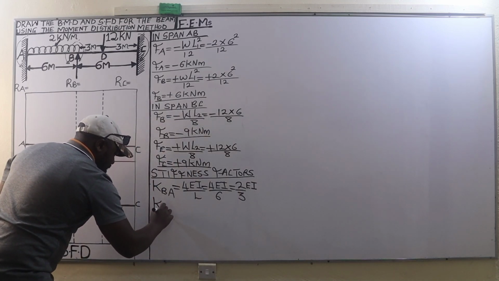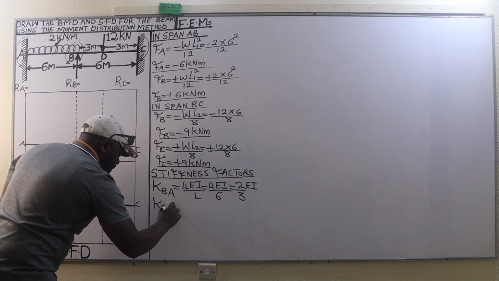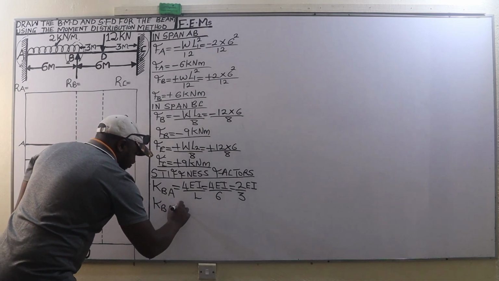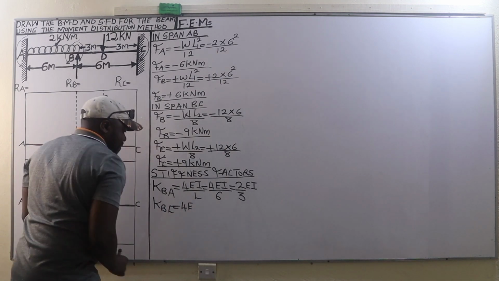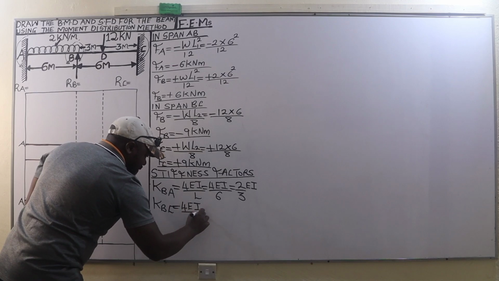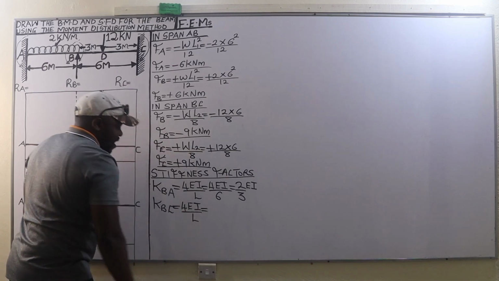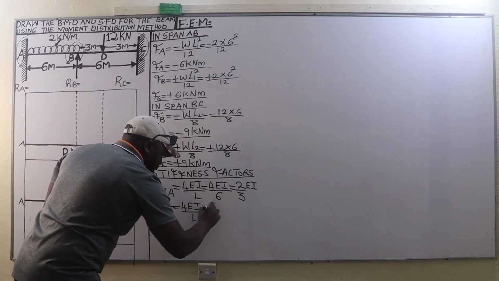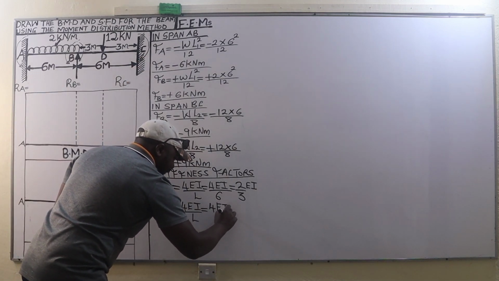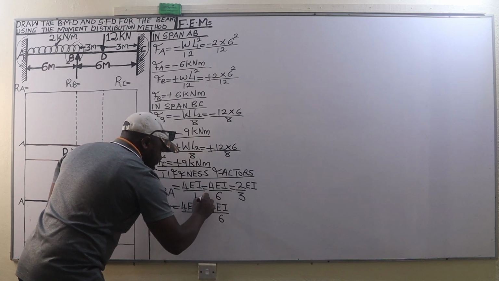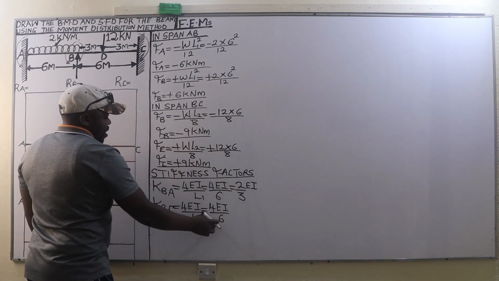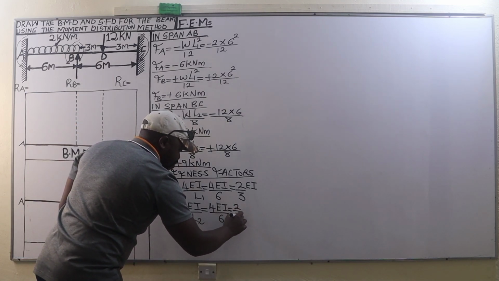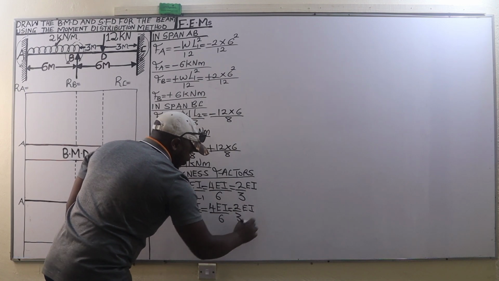Then we are going to determine the stiffness factor on the member B to C. And likewise, it is going to be given by this formula, 4EI divided by L, since the beam is fixed at the end C. And this is going to give us 4EI divided by the span. So this is L1, this is L2. They are the same. So we are going to have 2 over 3 EI.